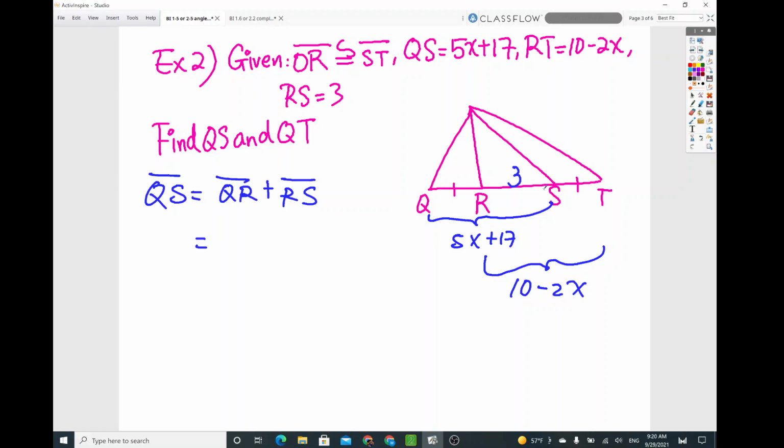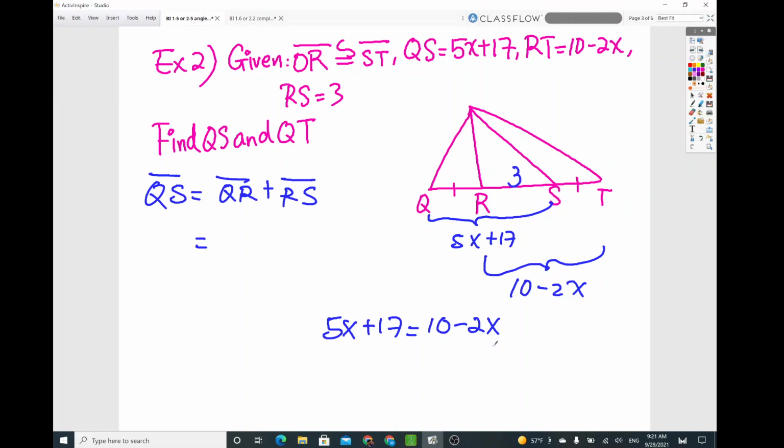So basically, we can set 5x plus 17 equal to 10 minus 2x by using the segment congruency postulate, because QR plus RS is the same as ST plus RS. Those two segments are equal.